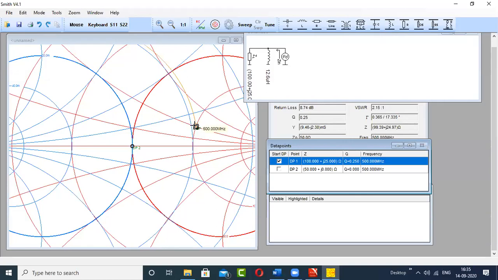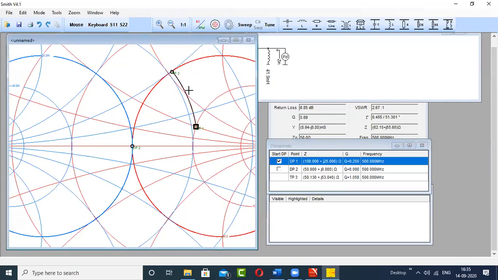I should take a halt on this resistance circle which passes through the center of the Smith chart, because I have to reach the center finally. So I will click there. You can see that one inductor of 41.9, or you can say 42 nanohenry, if I connect in shunt, then there will be a little improvement in the impedance.